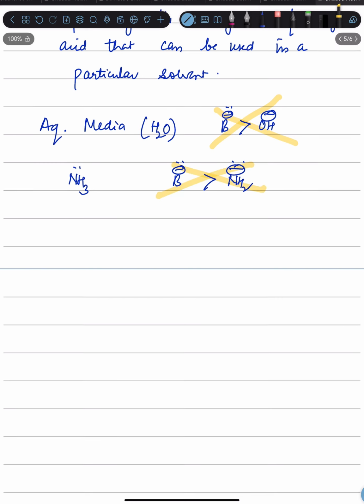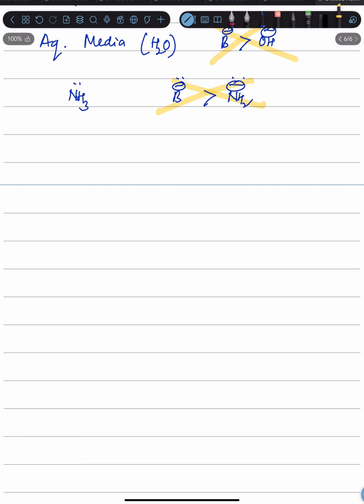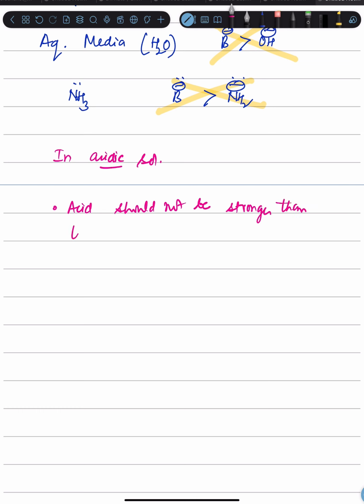And in acid solution, if you are using an acid, the acid which you are using should not be stronger than the conjugate acid of the solvent.